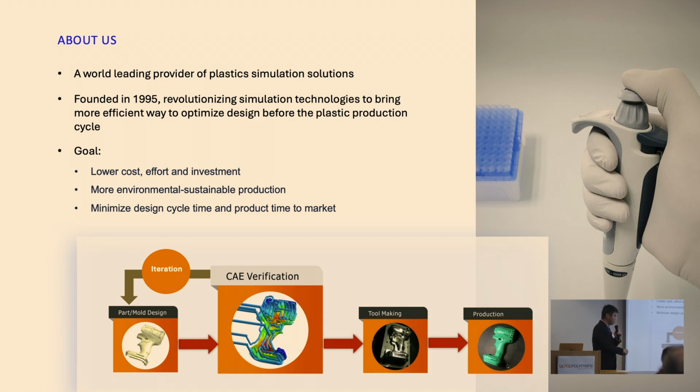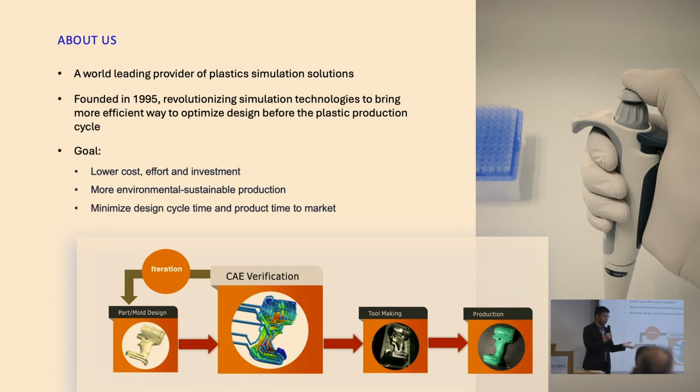Okay. So here is the picture that explains how we help. Firstly, you usually have the part and mold design, and then in the past, we usually went to tool making, and then went back to iteration if the mold was not really suitable. With CAE validation, you do not go into tool making directly.